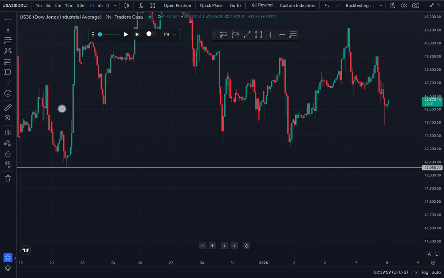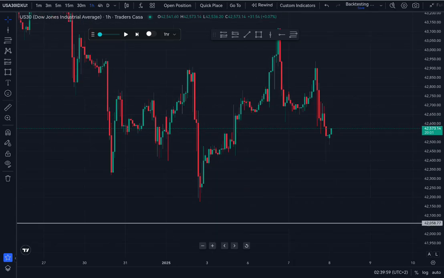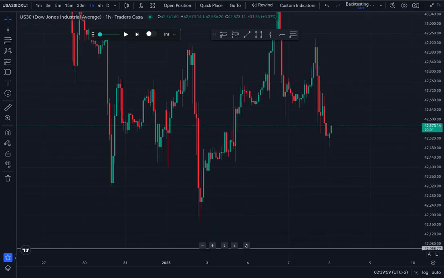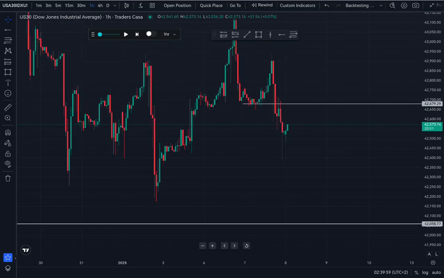Nice, beautiful sell side liquidities here, here, and here. So price has already started showing signs of wanting to go down. You can see we've got market structure shift bearish. All these are market structure shifts bearish, so I'm quite bearish for the day.